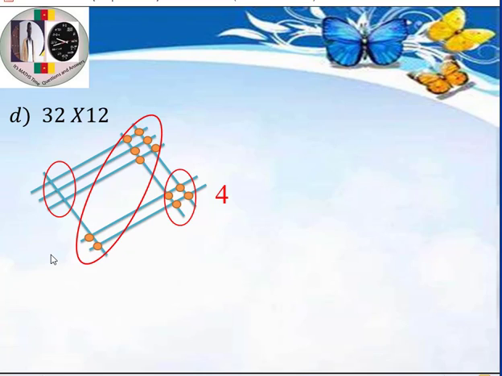So at the diagonal region we have the number 8. At the extreme region here, we have 1, 2, and then 3. So we have 3 there. Therefore, 32 times 12 is 384. So that's how we handle them.